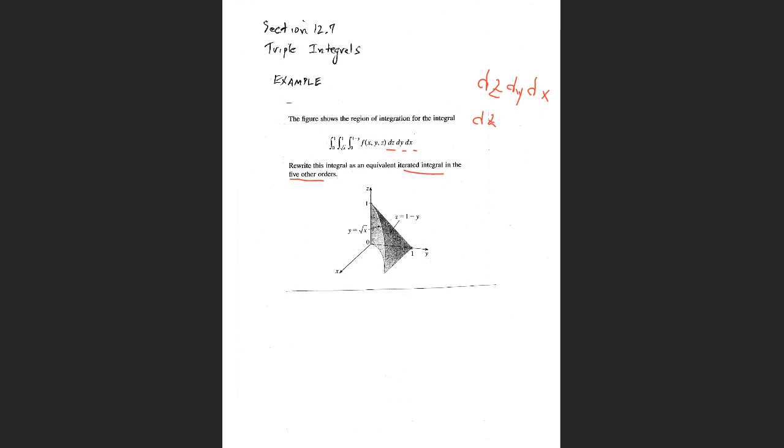How about dz dx dy? Yeah, good, I agree, Ryan. dz dx dy, that would be a good choice. And then we could have dx dy dz. We could have dx dz dy.